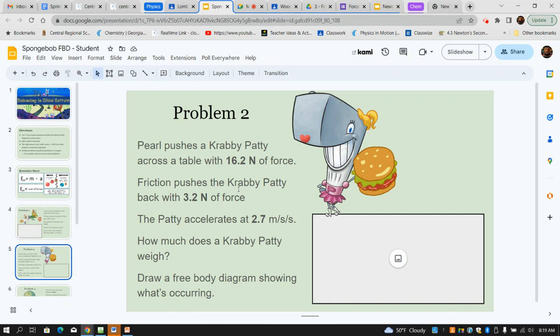Now, they didn't necessarily give us a direction, in which case you can arbitrarily pick it. I usually go with the applied force to the right, and friction would be the opposite direction of that.